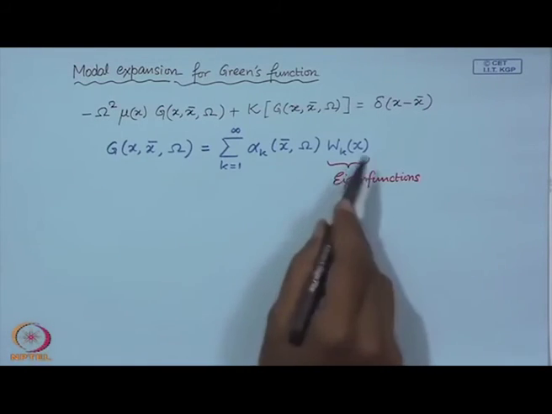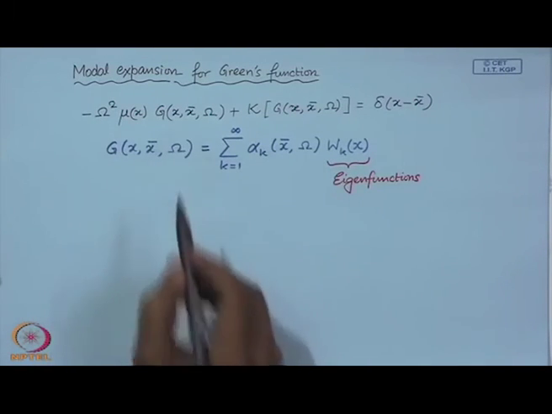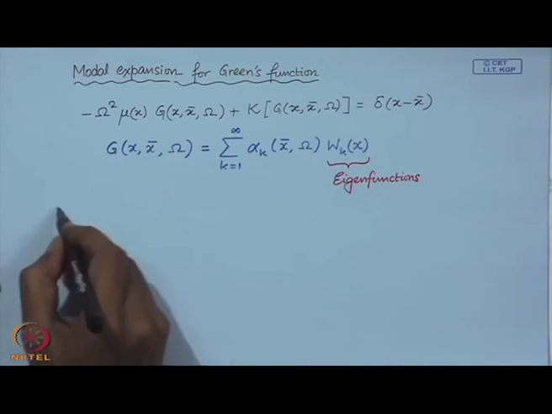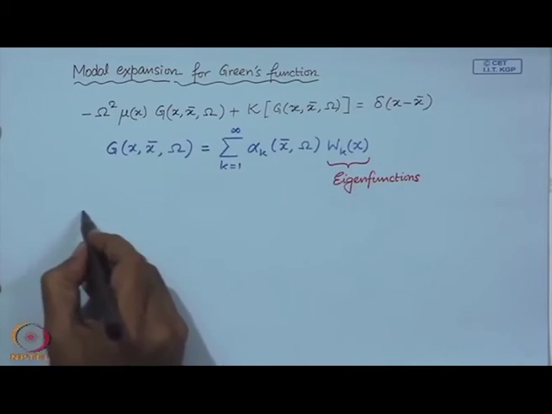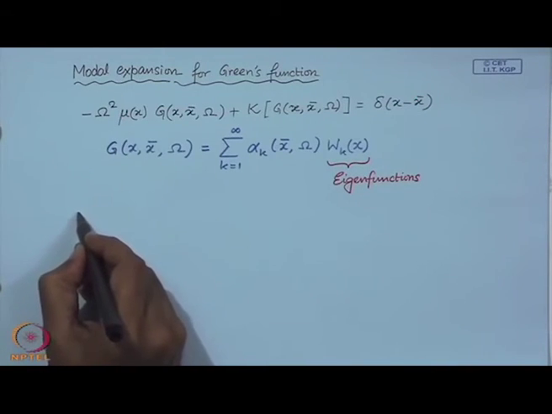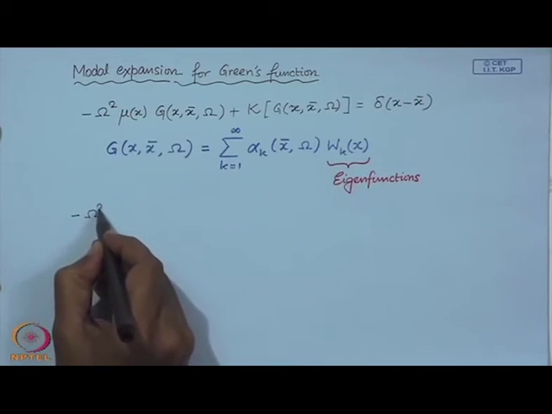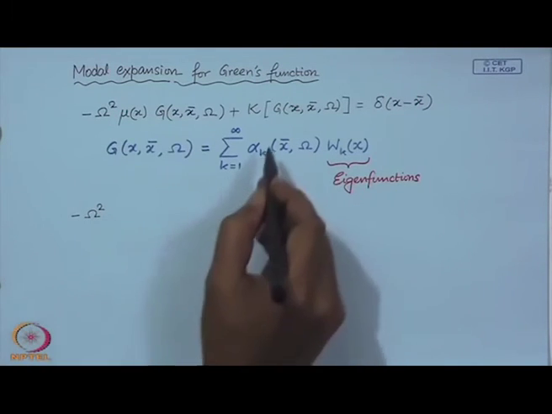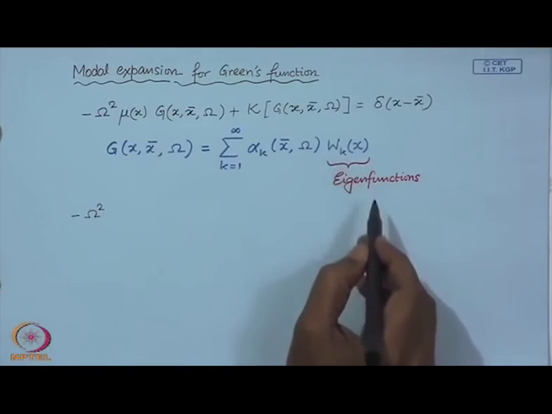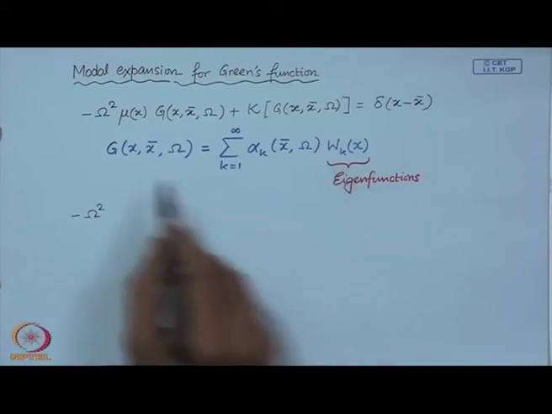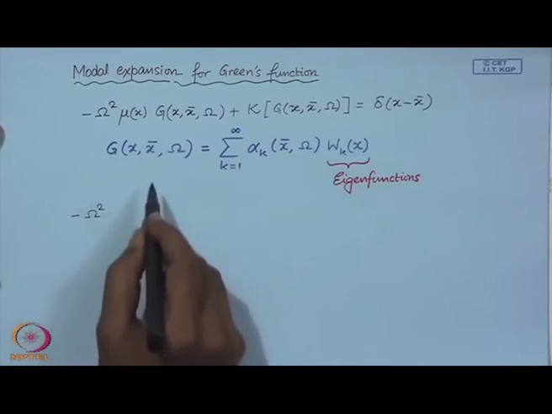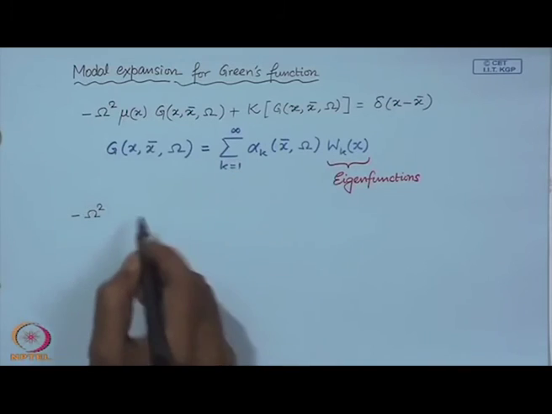So, if you substitute this expansion in the differential equation of the boundary value problem, then remember that these eigenfunctions already satisfy the boundary conditions. So, therefore, the Green's function is also guaranteed to satisfy the boundary conditions of the problem.